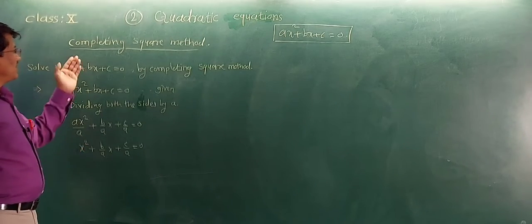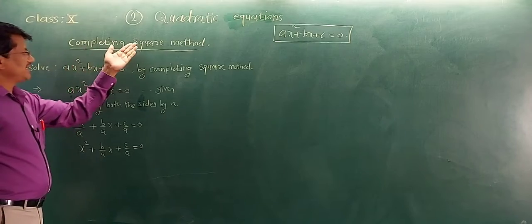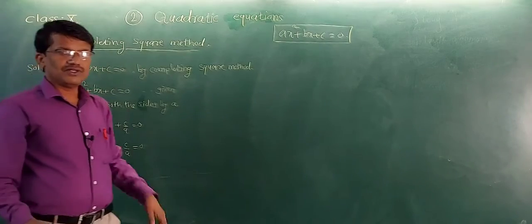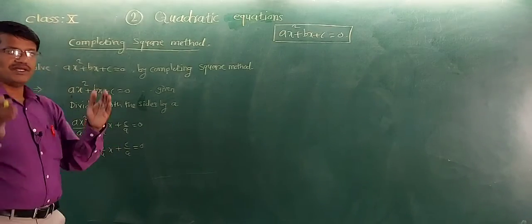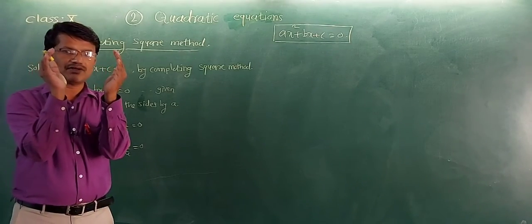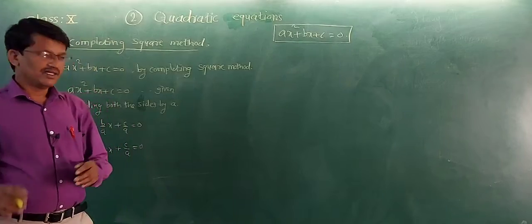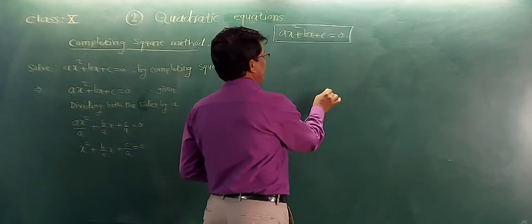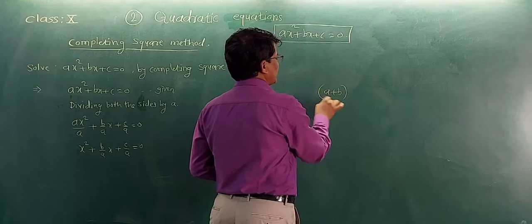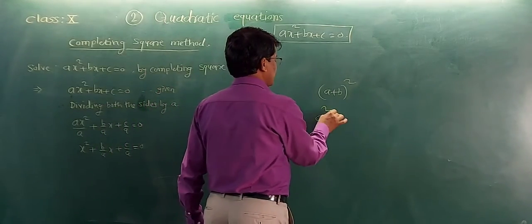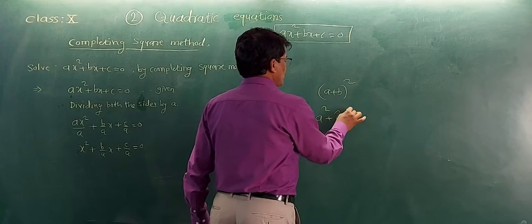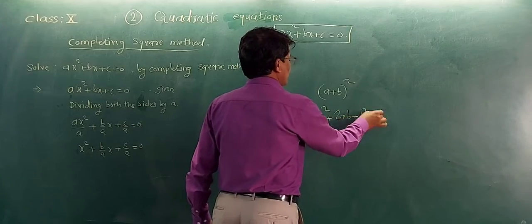Okay, but our method is the completing square method. So the left hand side should be a square of a particular bracket. If a plus b in a bracket is given and we make the square of this, what will the terms be? a square plus 2ab plus b square.